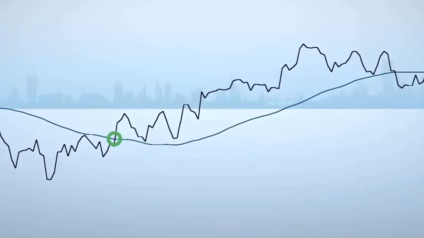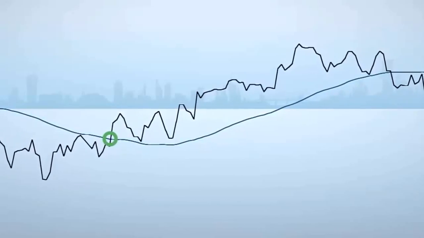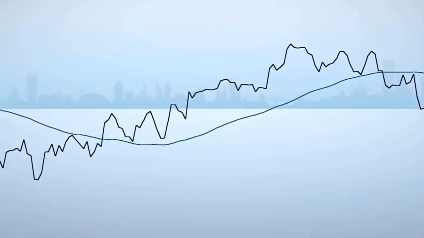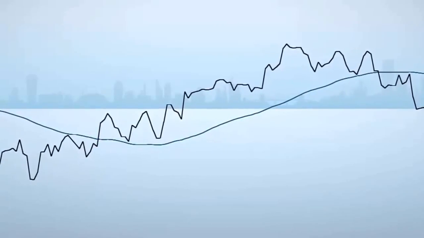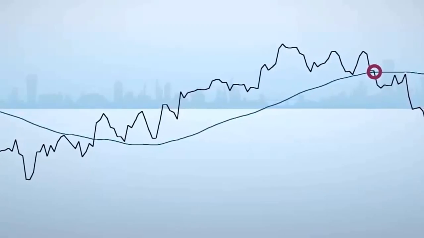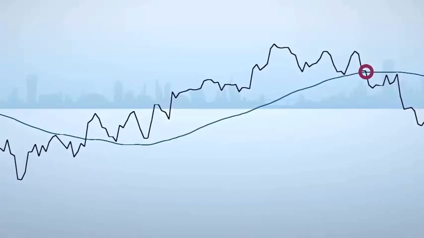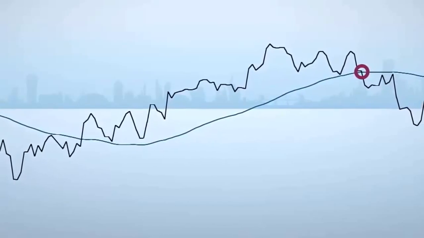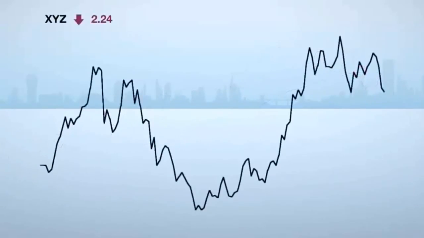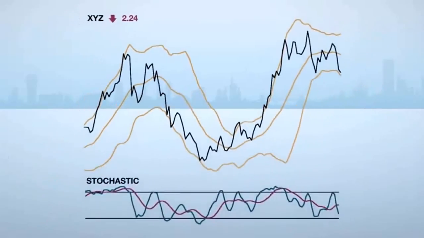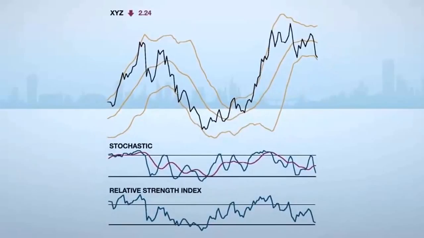This indicates that the stock is outperforming its recent history. This could be an entry signal. Similarly, if the stock begins to fall and dips below its moving average, it could be an exit signal. Moving average lines are only one of many technical indicators you may use. Other common indicators include price envelopes, Bollinger Bands, stochastic oscillators, and the relative strength index.